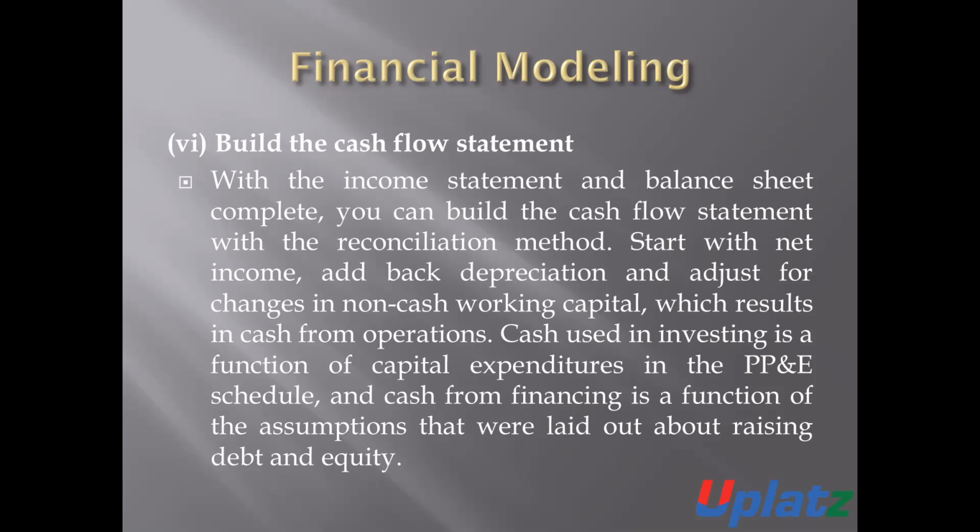There is also a requirement to adjust for the change in working capital. If there is any change in working capital, it should also be considered for the preparation of the cash flow statement. Adjust for the change in non-cash working capital, which results in cash from operations.